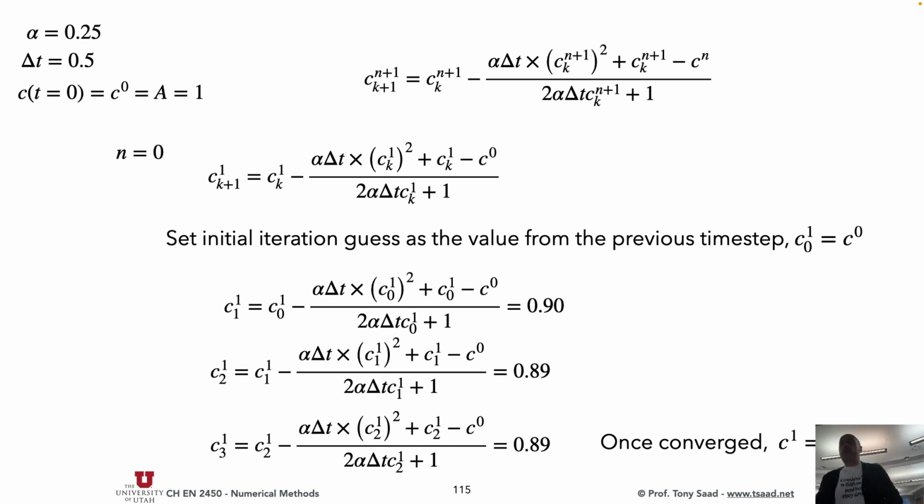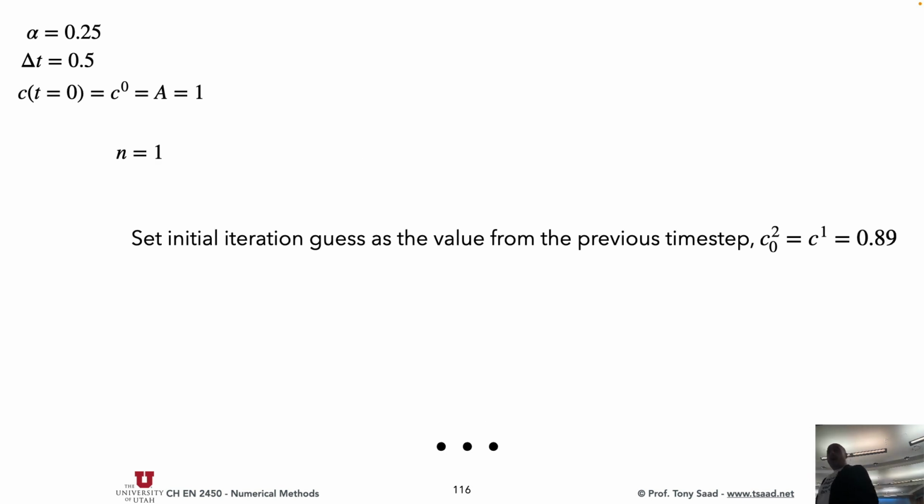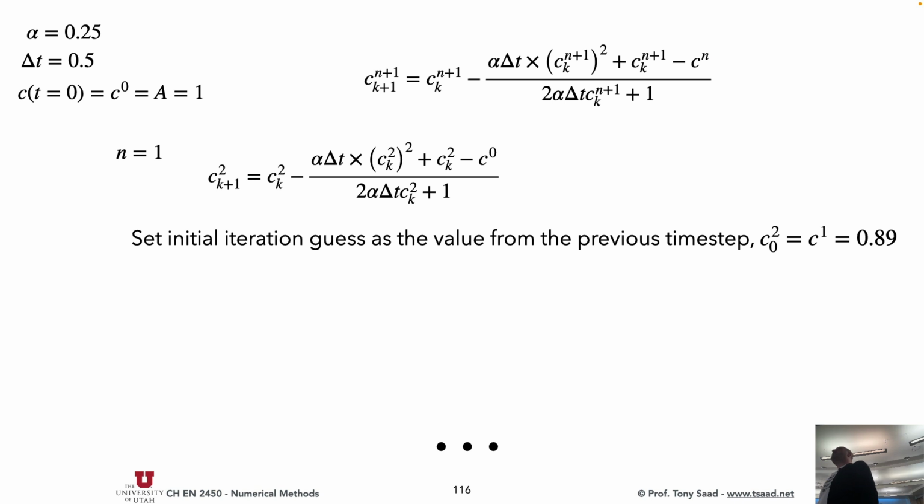Okay? We do the same thing. Now n equal to 1. So now we're trying to predict C2. Yes, you have the outer loop, which is your time loop, and the inner loop per time step you're iterating. So you got it. This is exactly what it is.